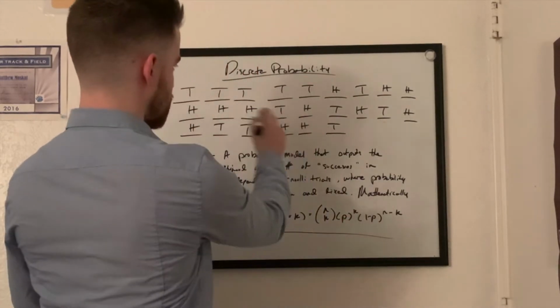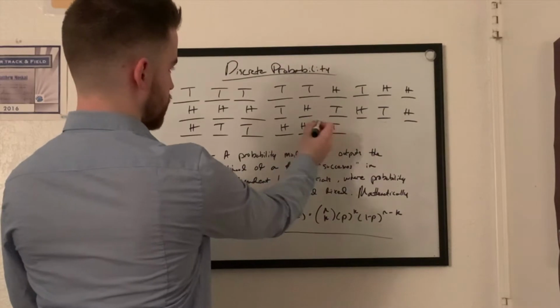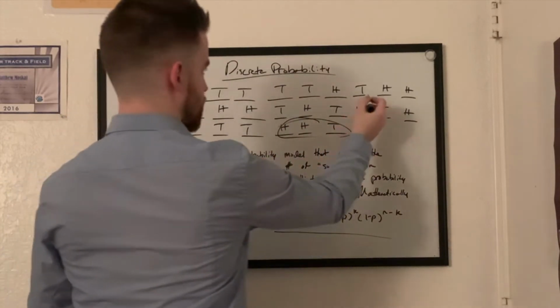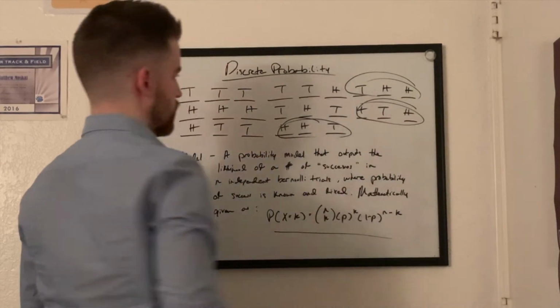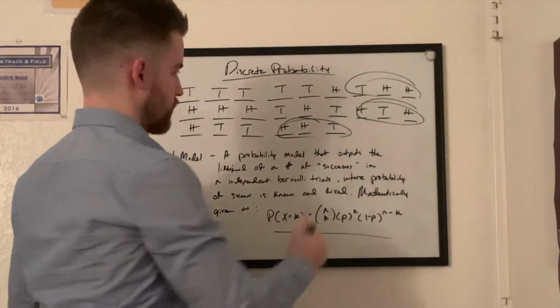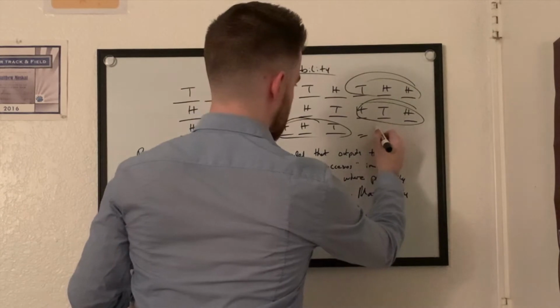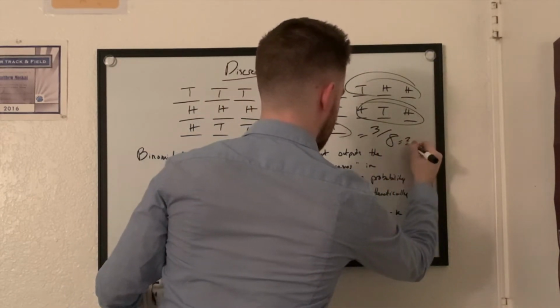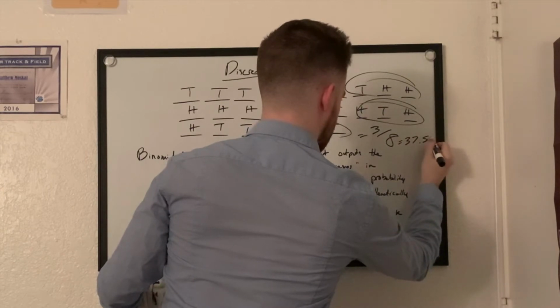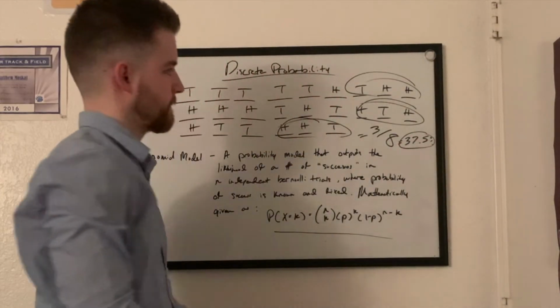Well, heads, heads, tails, tails, heads, heads, heads, tails, heads. So out of these 8 possible ways, we have a probability of 3 out of 8, or 37.5%.